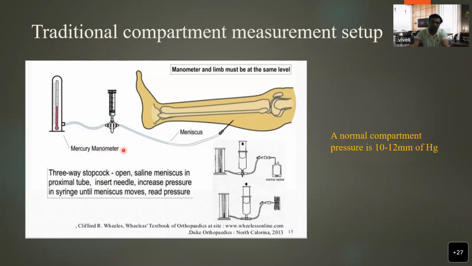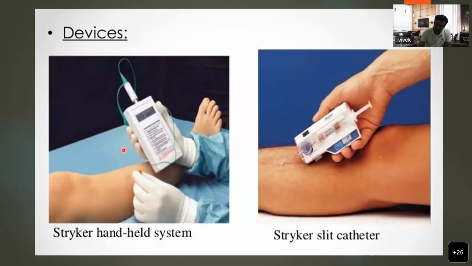The normal compartment pressure is 10 to 12 mm of Hg. These are some of the equipments which are available to measure the intracompartmental pressure: Stryker handheld system and Stryker slit catheter, which are not commonly or routinely seen in our setup.